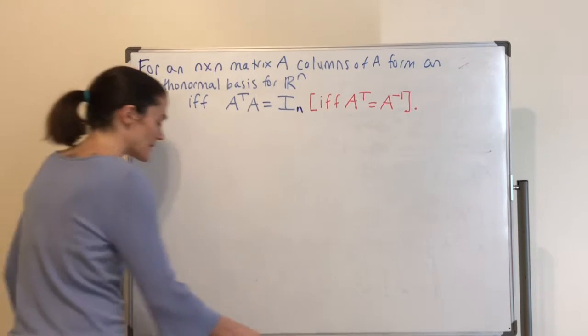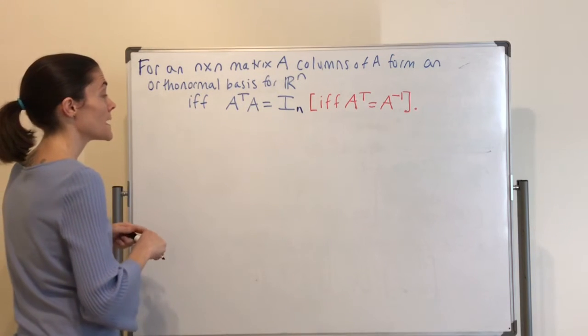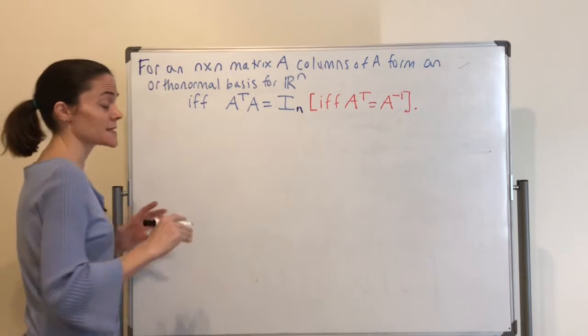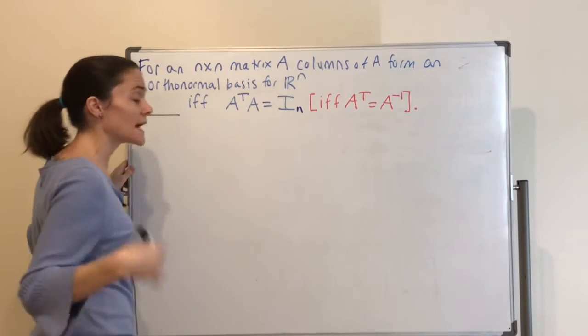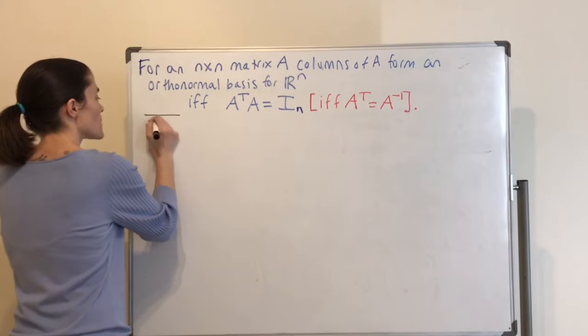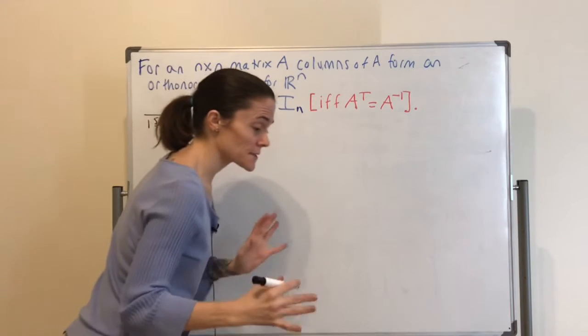My proof of this is very much like my discussion at the end of the video, but let's do it carefully. But before I do, let's first discuss vectors in Rn.